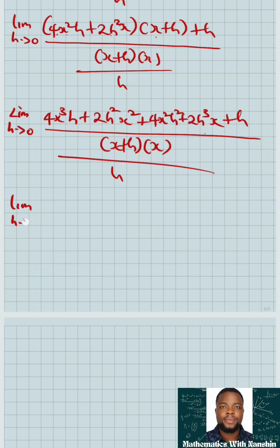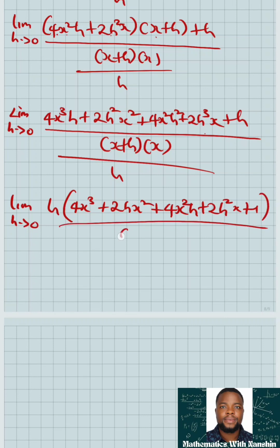Limit as h approaches 0, I factor h here now. I'm left with 4x cubed plus 2hx squared plus 4x squared h plus 2h squared x plus 1, all over the LCM, all over h. Now the h will cancel. This h and this h is gone.